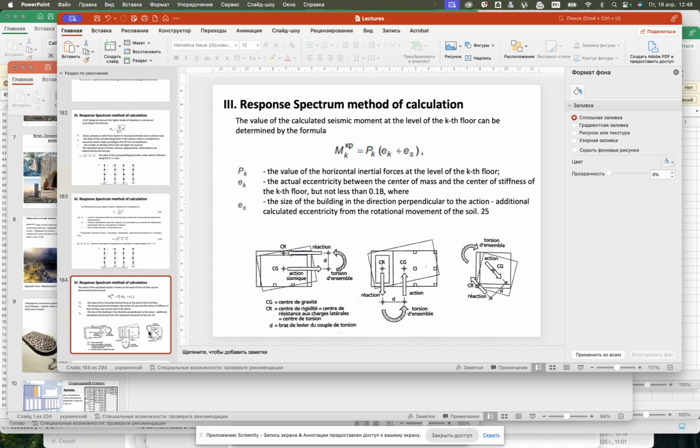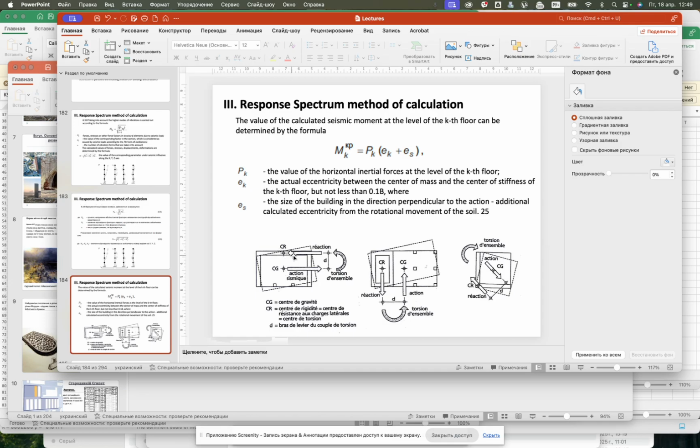One more additional effect that we also have to take into account is called seismic moment. This seismic moment originates from the situation where the center of rigidity and the center of masses are located at a certain distance.